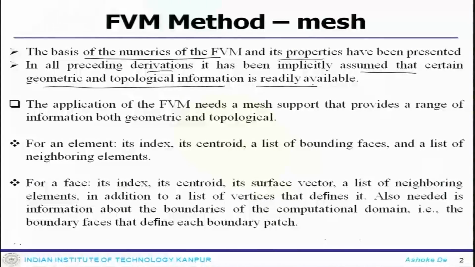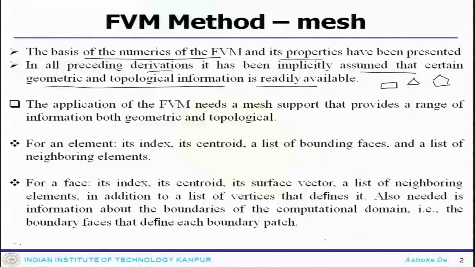That means whenever we have talked about a derivation of the equations, we have assumed some mesh or underlying element, sometimes the rectangular element, sometimes the triangular element, sometimes a pentagonal system, sometimes a hexagonal system.